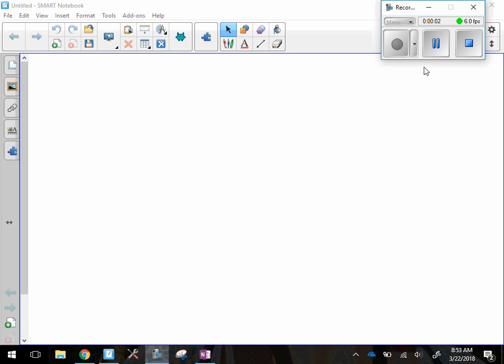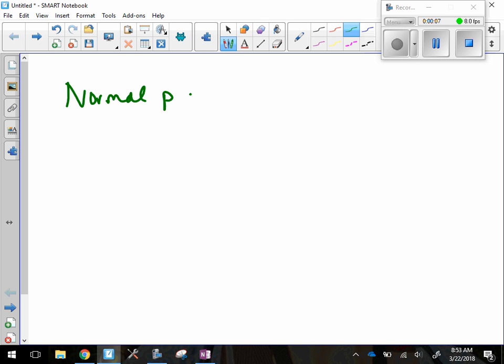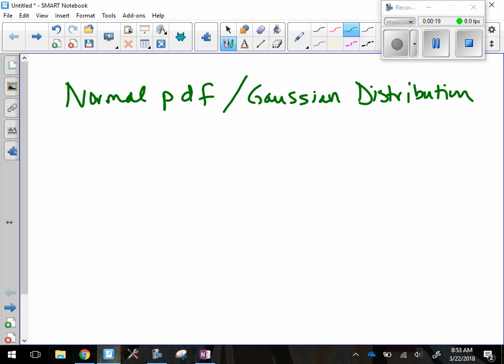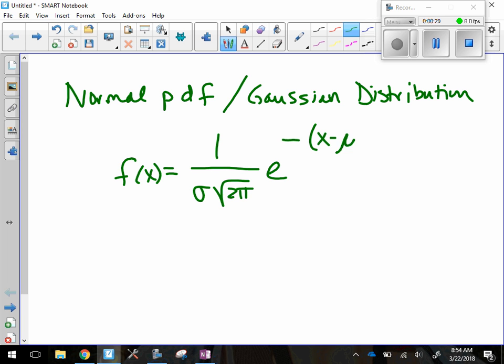All right, so we got one more example to do, but let's remind ourselves what the normal probability density function, or the Gaussian, is. And that tells us that f of x is 1 over sigma radical 2 pi e to the negative x minus mu squared over 2 sigma squared, and only the sigma is squared, not the 2 there.